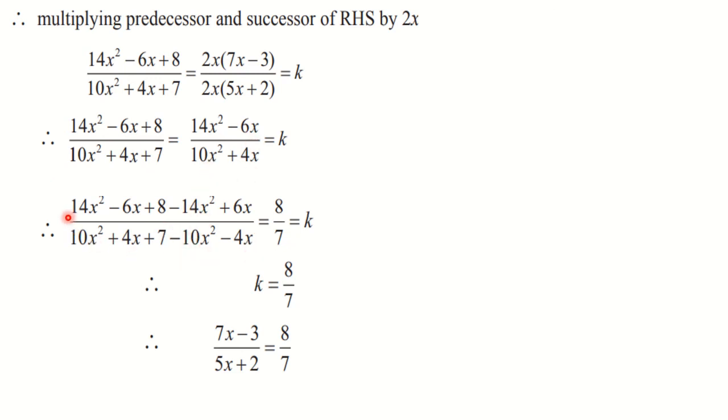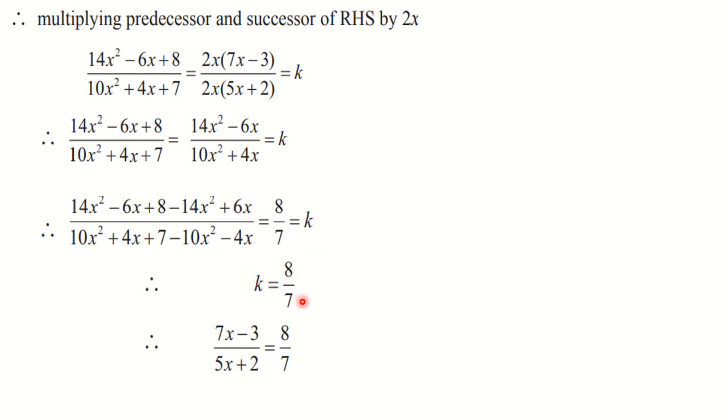So this 14x square and 14x square cancelled. Minus 6x plus 6x cancelled. 10x square minus 10x square cancelled. Plus 4x minus 4x cancelled, and we got the value of k as 8 upon 7. Only 8 and 7 are left out. So the value of k is 8 upon 7.